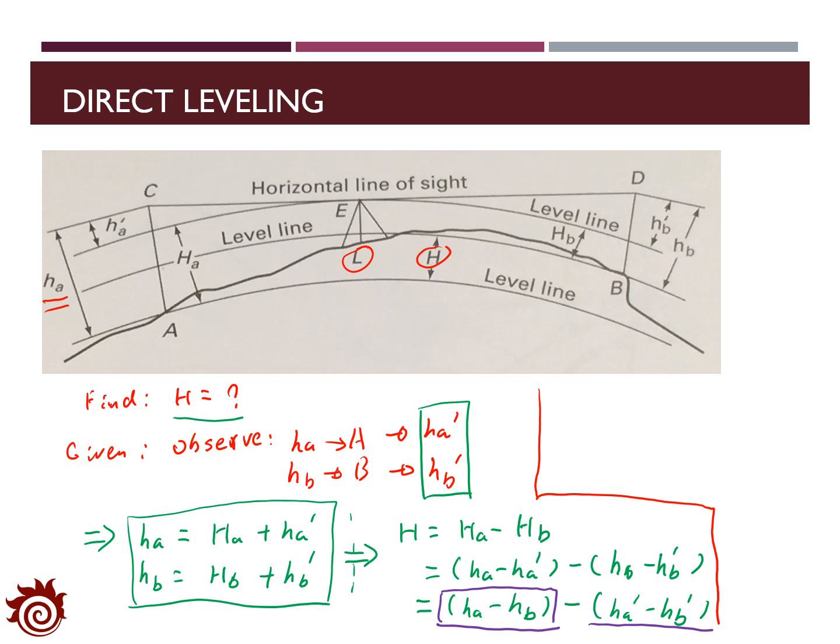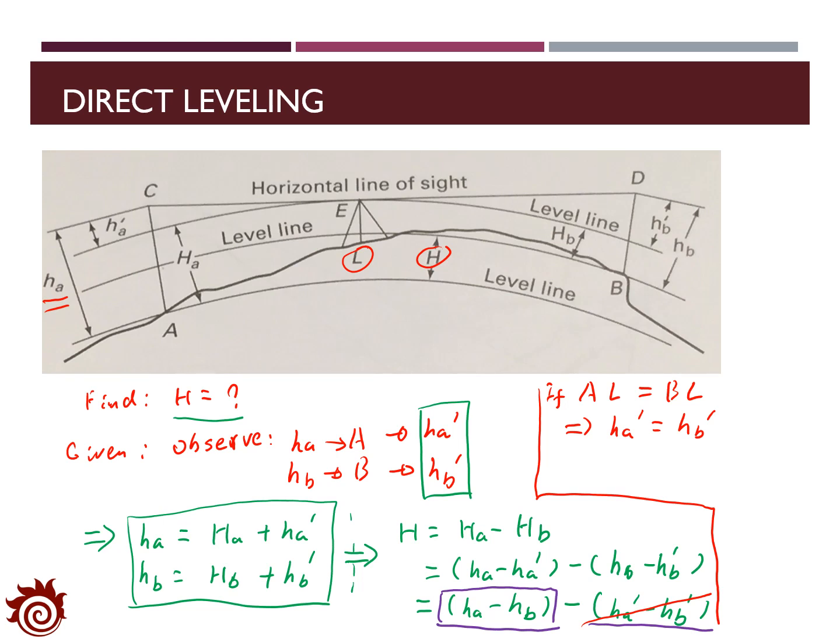If we say that AL equals BL, then we will find HA prime equal to HB prime. In that sense, we can remove this one from the vertical distance estimation. And then we can just use the observed readings from the rods to identify the vertical distance.